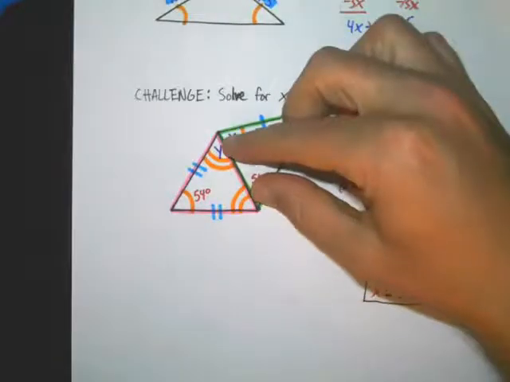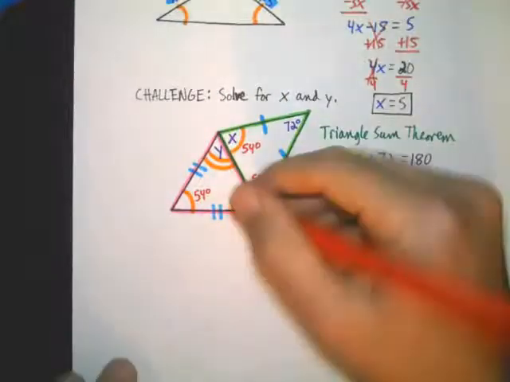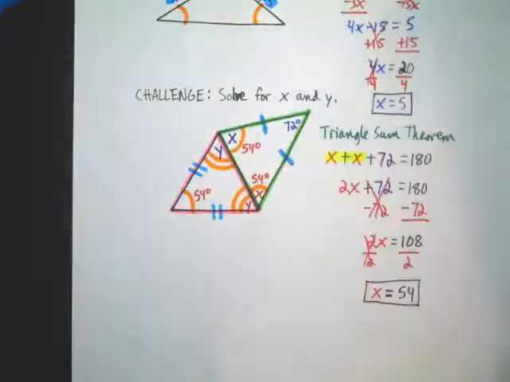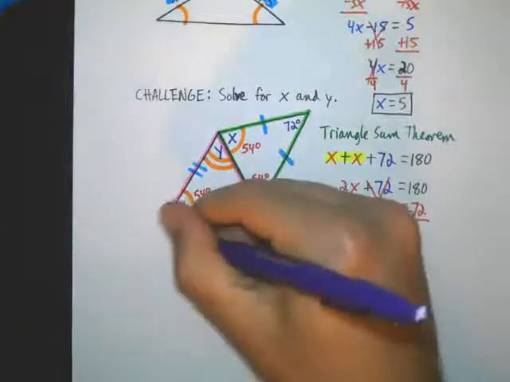Since these two angles are the base angles, that one's going to count as y as well. So once again, I'm going to use the triangle sum theorem.